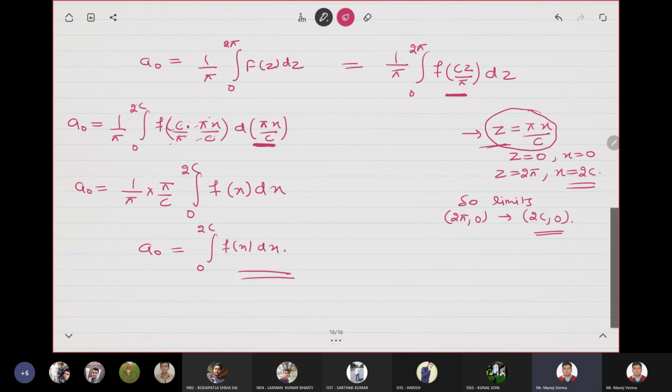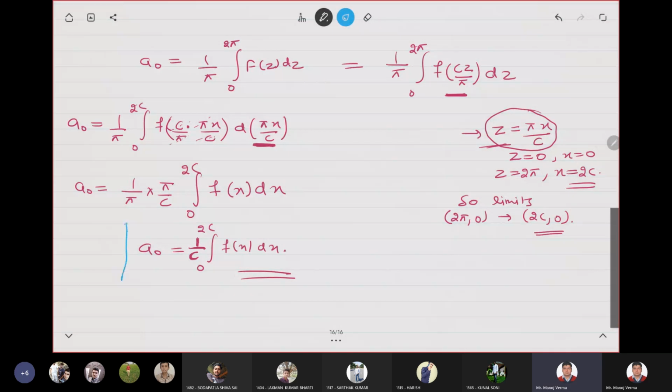So what I have seen is, if I have been given arbitrary intervals whose value is not equal to 2 pi, then how can I find the value of a naught? The value of a naught can be found by, of course, 1 by c will be there. The value of a naught will be found like this.